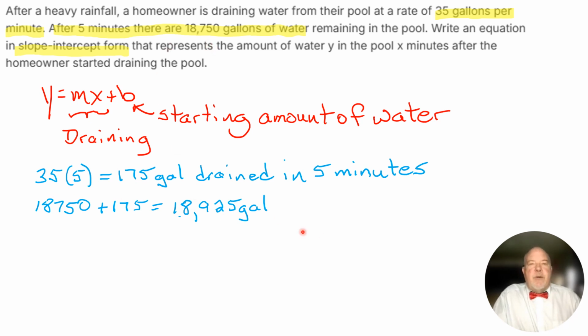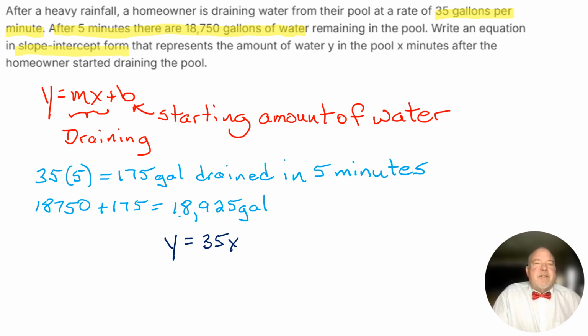All right, so our equation is going to look like this. y, the amount of water in the pool, is equal to mx, remember we said that's 35x, so 35 times the number of minutes. And then, well, let me back up.